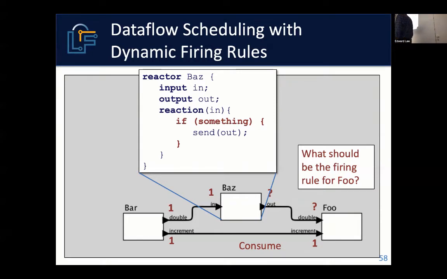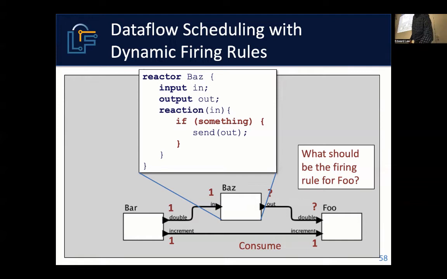It has limited expressiveness, but you can generalize it. For example, suppose that this actor, its firing rule is that it's enabled by a single token, but it may or may not produce an output token. Okay? Maybe it does, maybe it doesn't. It checks some condition.